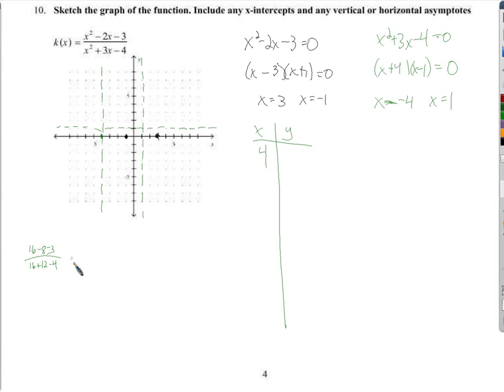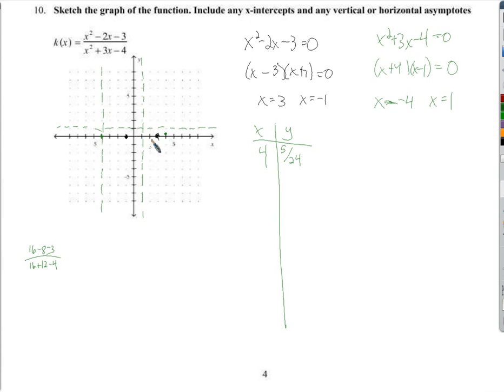So we're going to get 5 over 16 plus 12 is 28, minus 4, 24. 5 over 24, it's not very big, just, what, barely bigger than 1/5. Alright, kind of hard to show. There we go.